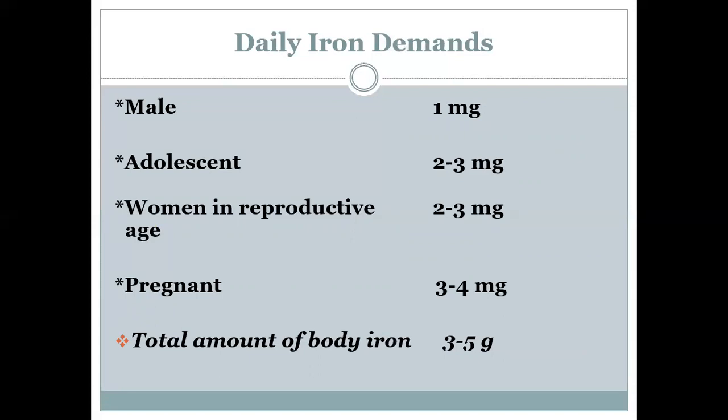And pregnant women need daily 3 to 4 milligram because of the demand of the growing fetus. And the total amount of body iron is between 3 and 5 grams. It is a small amount, but it is essential for life.